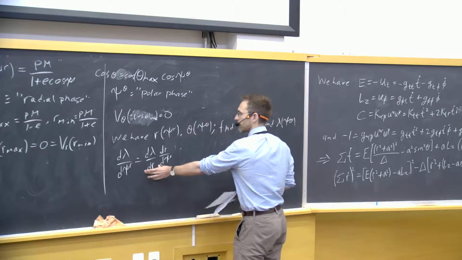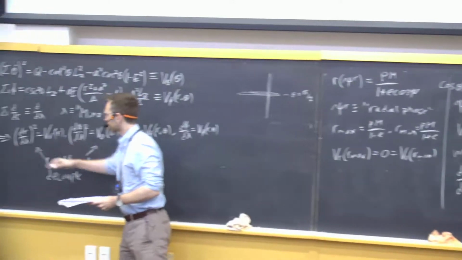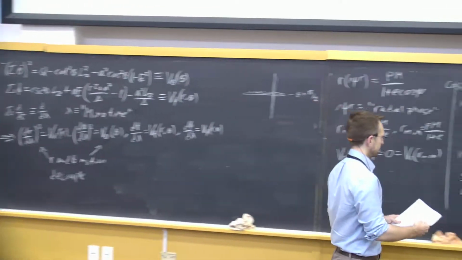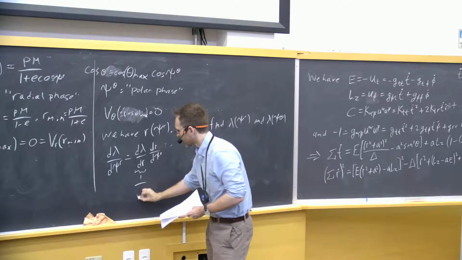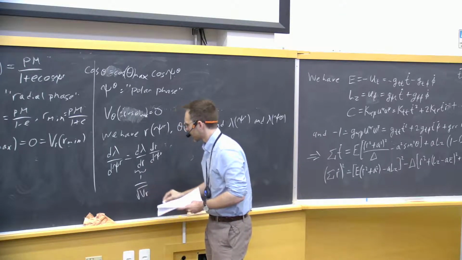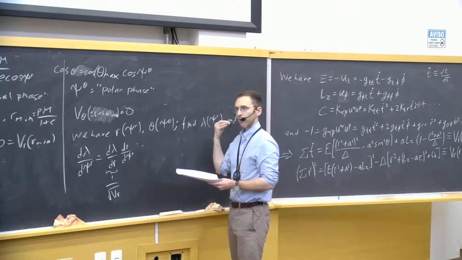So d lambda dr is just 1 over square root of VR, with a plus or minus sign depending on whether you're going outward or inward.